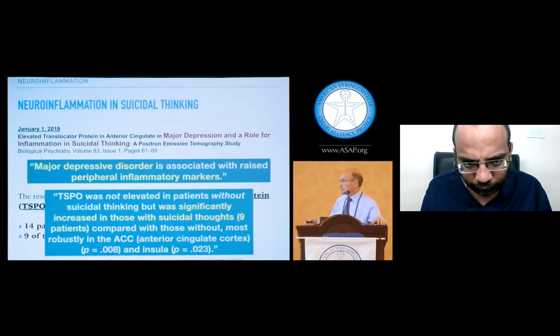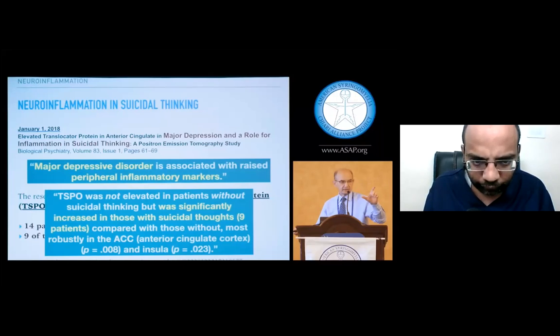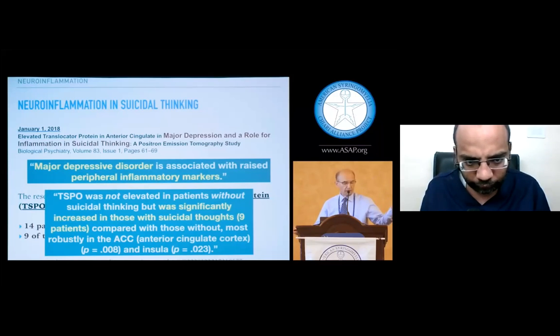In summary, what was interesting is that the 9 people who had suicidal ideation, who actually thought about it, were the ones who had their microglia inflamed. So you could now do a PET scan to see if somebody has suicidal ideation. The inflammation is correlating with this desire, if you will.